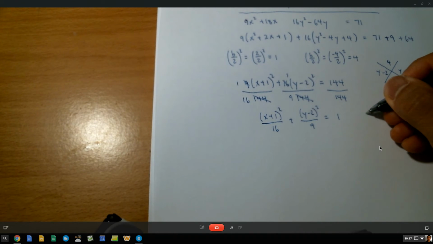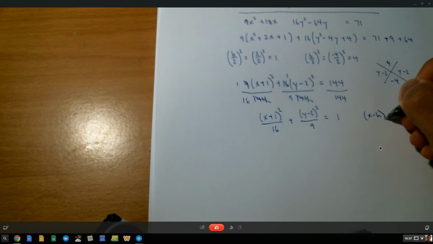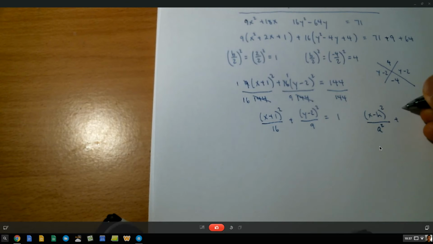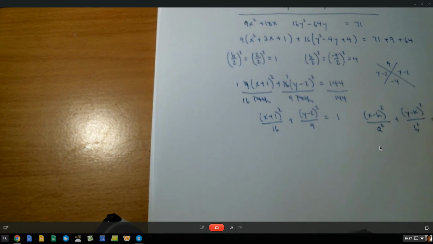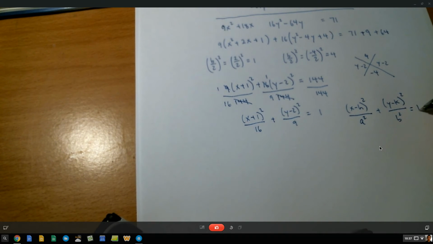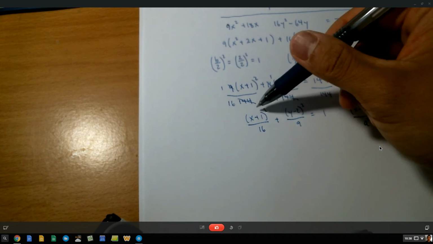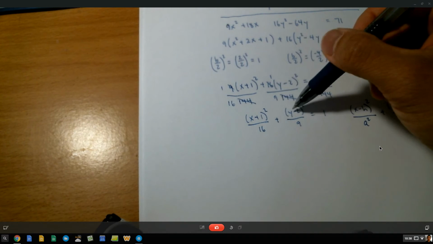Remember, the equation is always x minus h, and I'll use a as the major axis under x, plus y minus k squared over b squared, and that gives you 1. Remember, this is our original general equation. Notice we have an x minus, y minus. So we have to first change this to x minus and y minus.